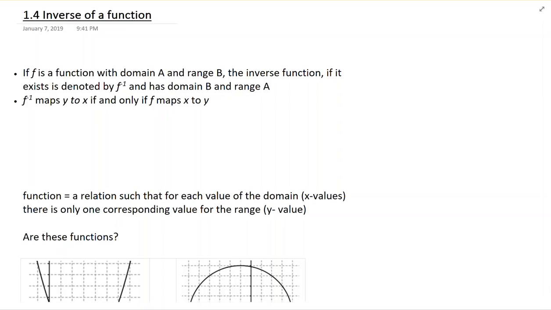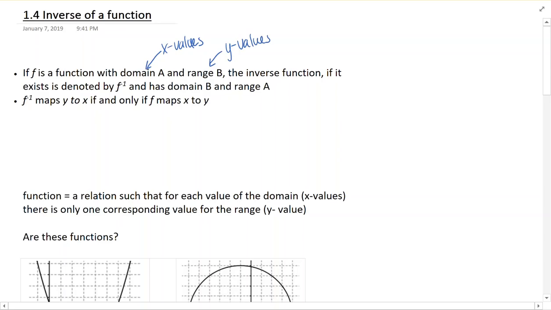Hello, so today's section is 1.4 and this is on inverse of a function. So first of all, if f is a function with domain a, reminder here, domain represents x values, and range b, range, reminder, are y values.